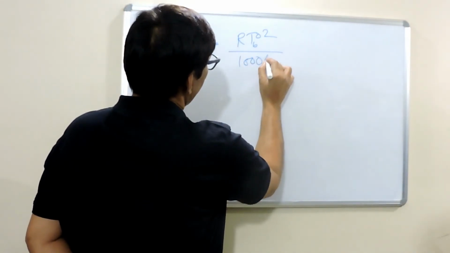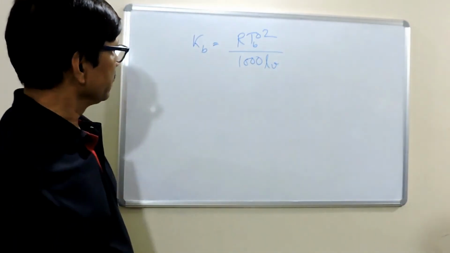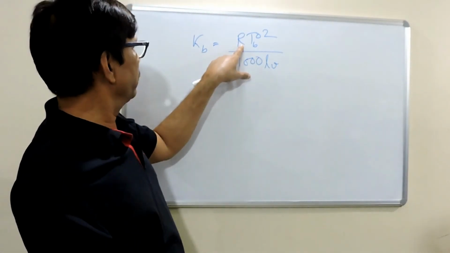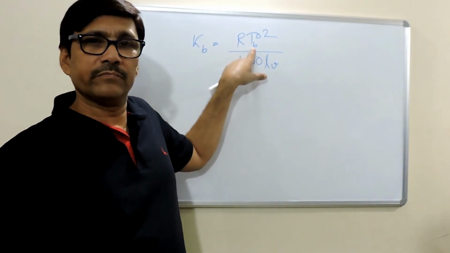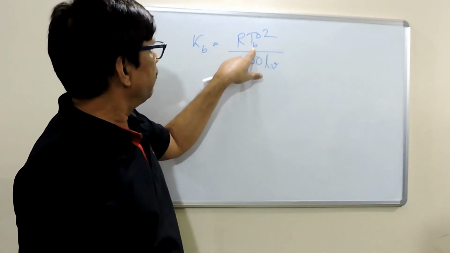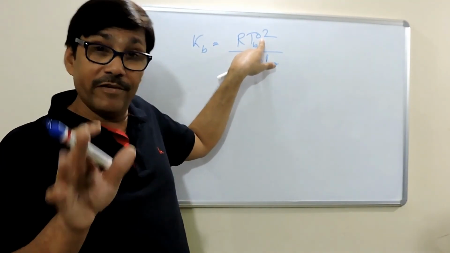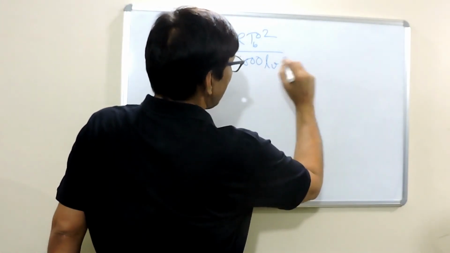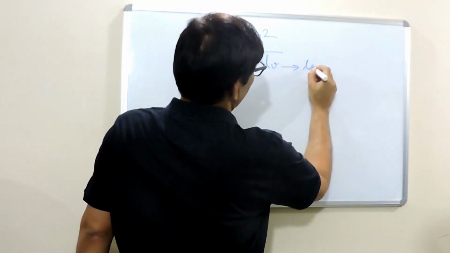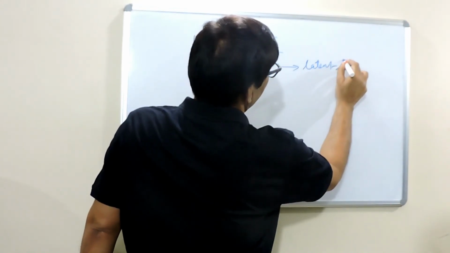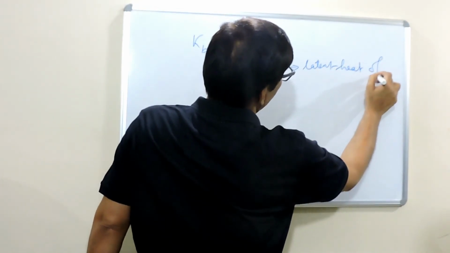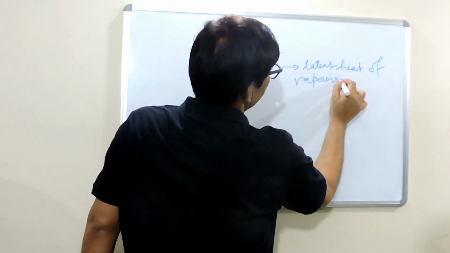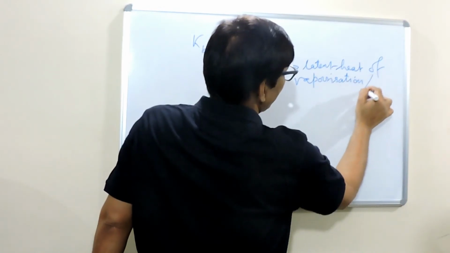1000 LV, where R is the gas constant, you know that. Tb is the boiling point of the pure solvent in Kelvin. LV is the latent heat of vaporization per gram.